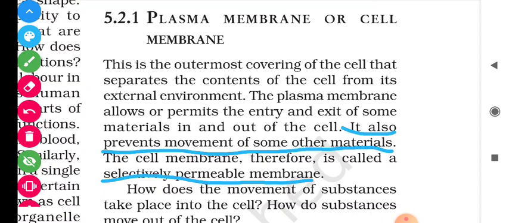Therefore it is called a selectively permeable membrane. Please tick mark these sentences in your textbook, starting from here and ending here.